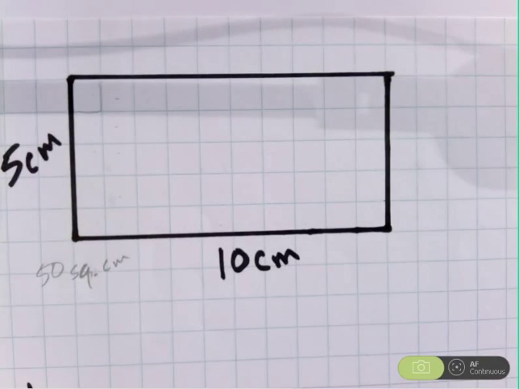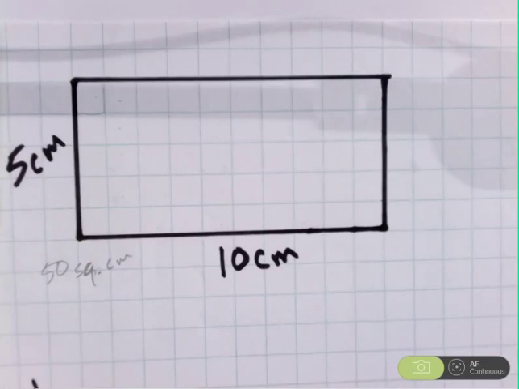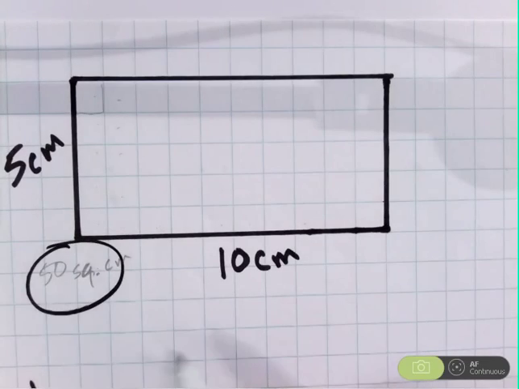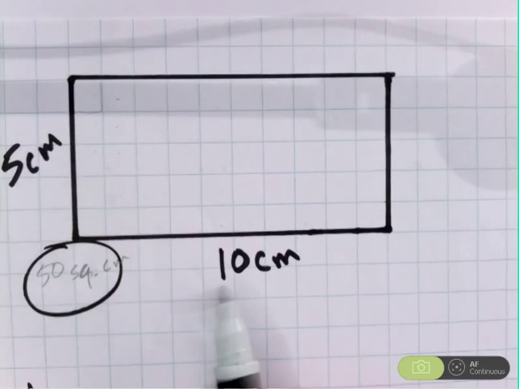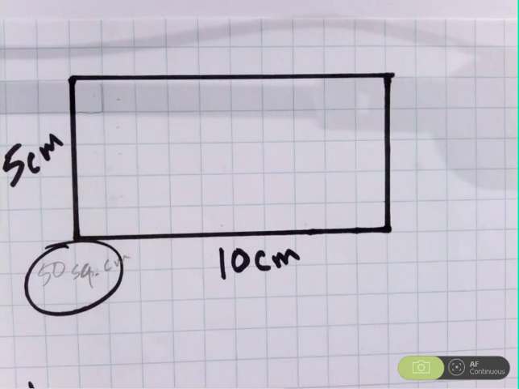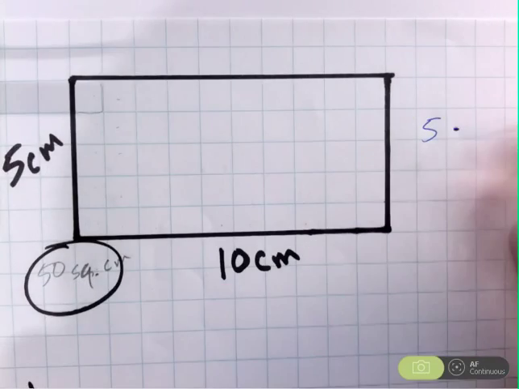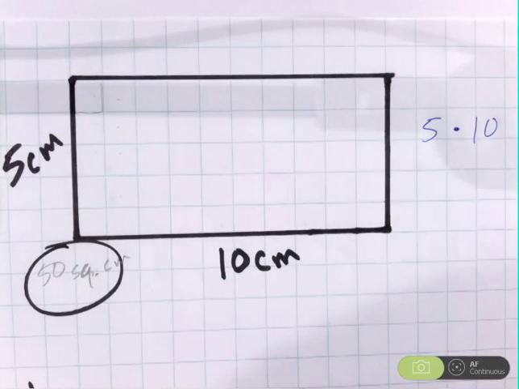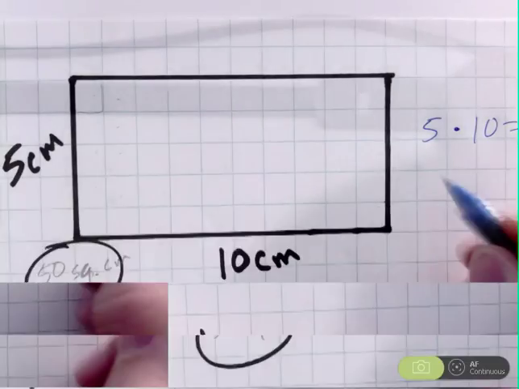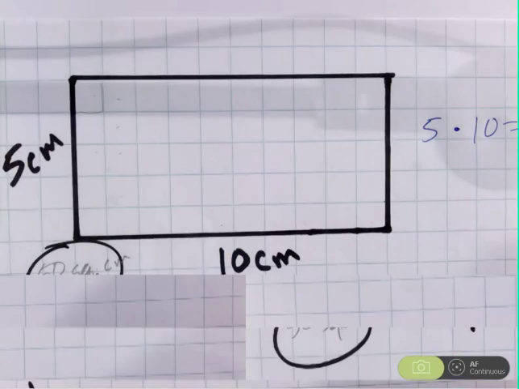Now, one thing that you're going to realize is 50 square centimeters is the same as 5 centimeters multiplied by 10 centimeters. 5 multiplied by 10 is going to be 50 centimeters multiplied by centimeters, right?